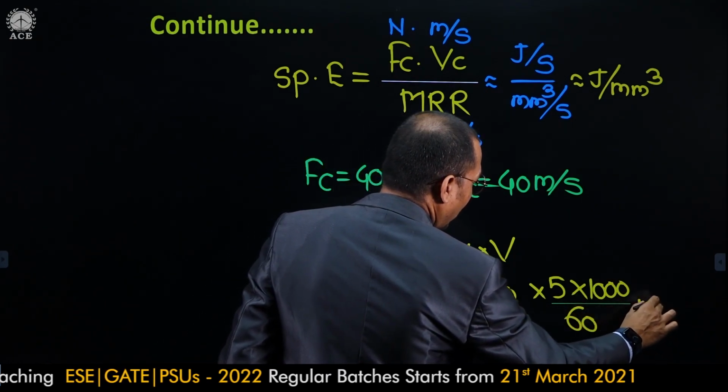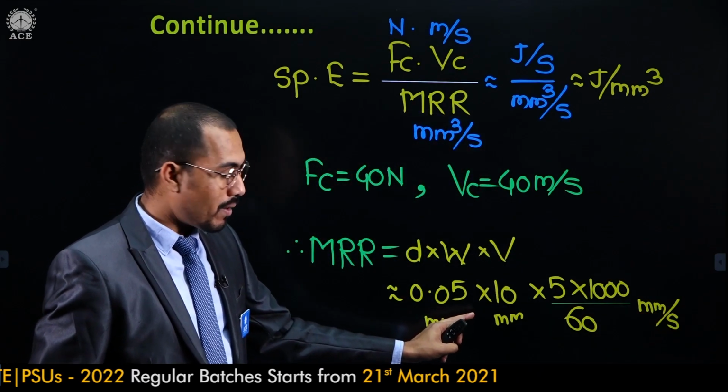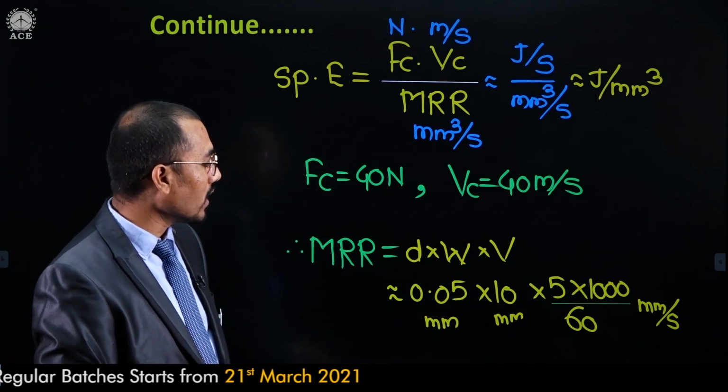So it is now mm per second, and mm multiplied by mm multiplied by mm per second is mm cube per second.